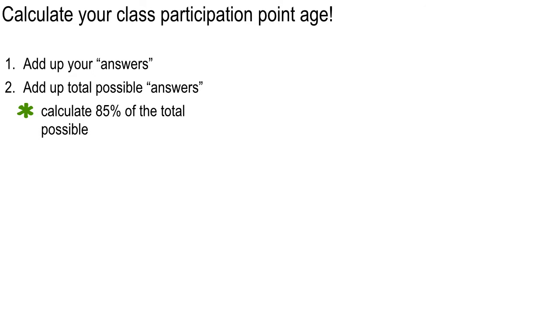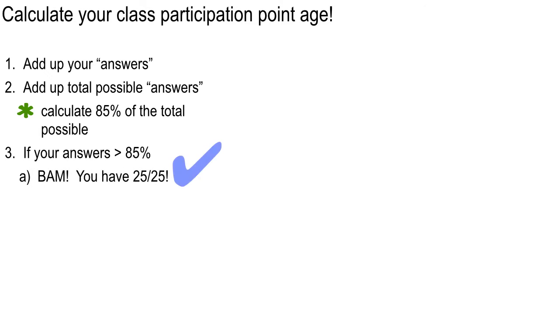If you have 85% of the total possible, then you have 25 points automatically. That's the easy one. So figure out your 85% level, and if you add up your answers and you're above that, ding, you have 25. No further calculation necessary.